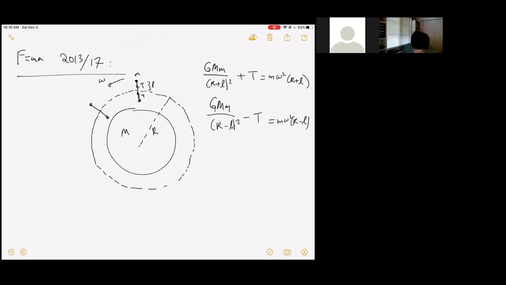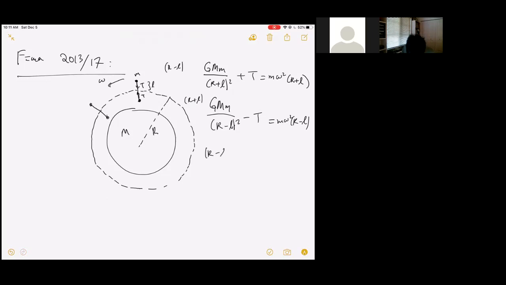Omega is the variable we don't know anything about, so we have to eliminate it. We can multiply the first equation by R minus L, the second one by R plus L, and then subtract them.